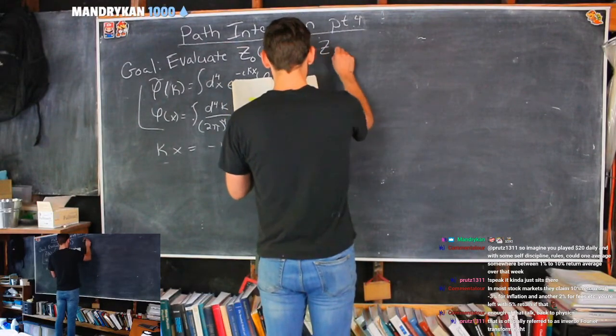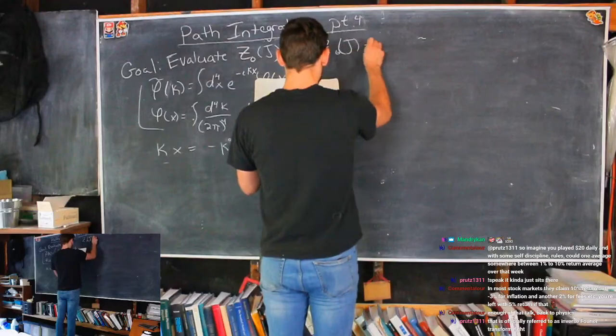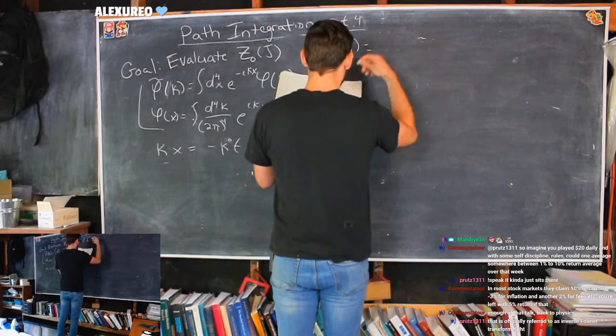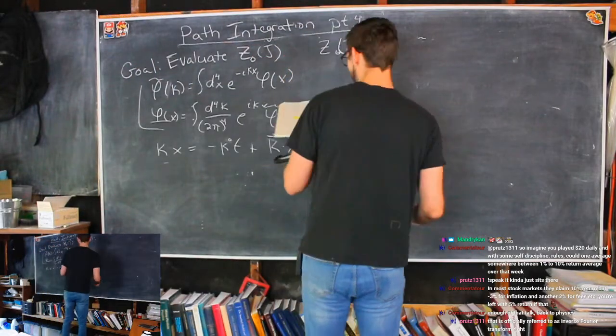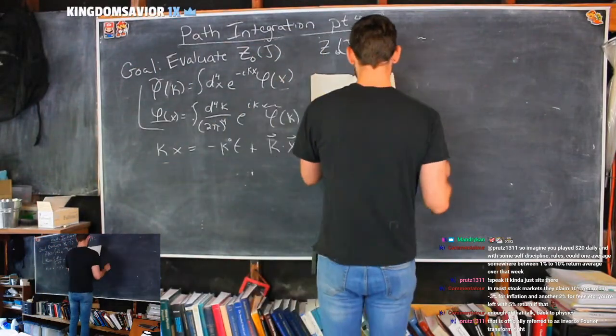But then what does the next one actually equal? Well, the next step of Fourier transforming it again back into this right here is, well, I guess we'd make this substitution, but you get the picture.